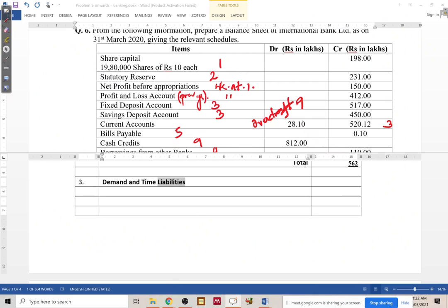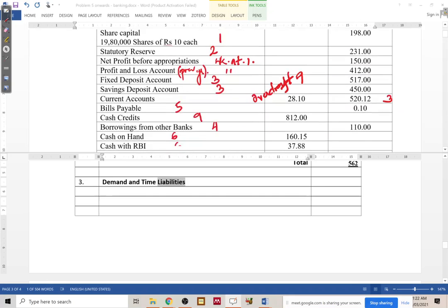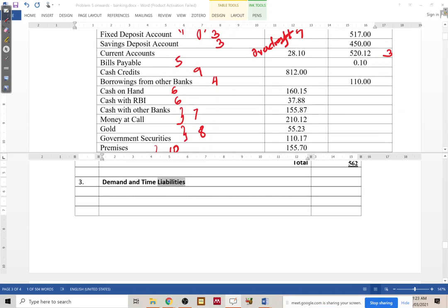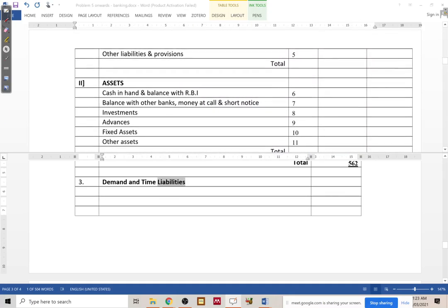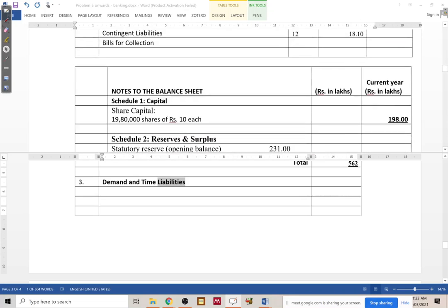When we calculate these reserves, both cash reserve as well as statutory liquidity reserve, we calculate them as a percentage of these demand and time liabilities. Right now we have three accounts over here, and I would transfer all these three to this demand and time liability calculation.